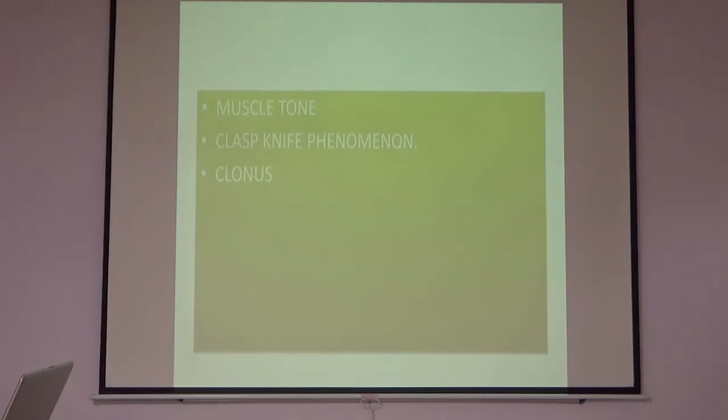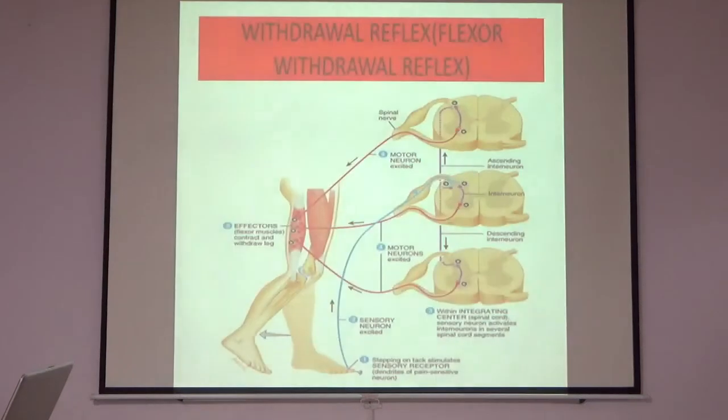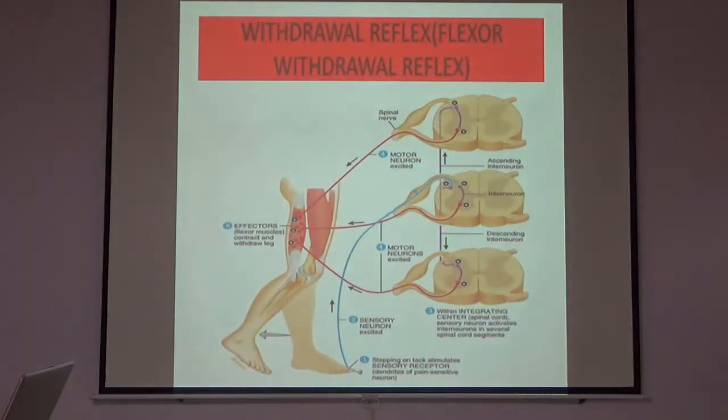Then we have the third type of spinal reflex, that is the withdrawal reflex. Again, it is a protective kind of reflex. Here is a diagram for the withdrawal reflex or flexor withdrawal reflex. Why is it called protective? Because here the receptors are nociceptors in the skin, tendon and muscle, and the stimulus is a noxious or painful stimulus.